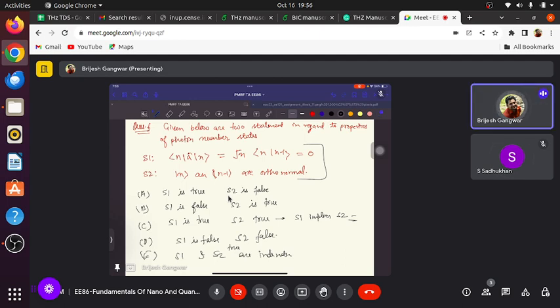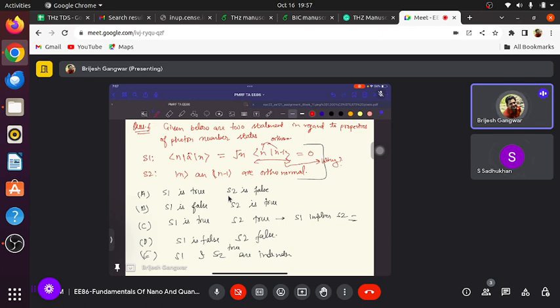You need not go to the derivation. Just see why this quantity will be 0, if it is true. This is the only condition when n and n minus 1 are orthonormal, right?